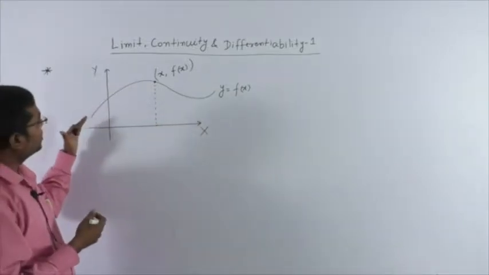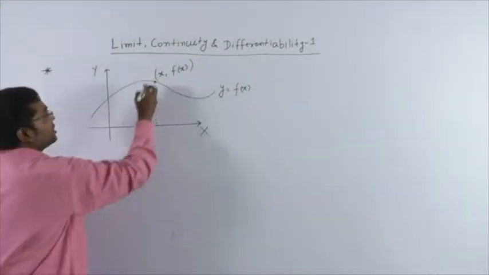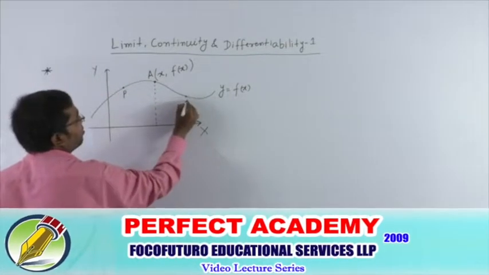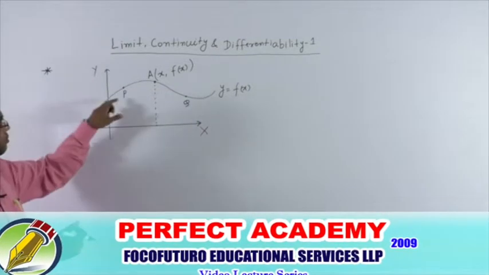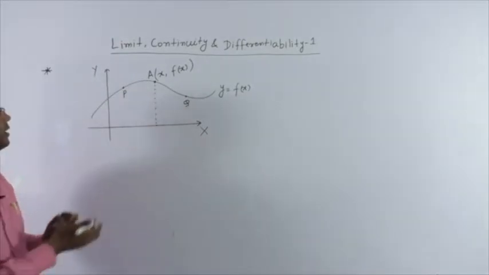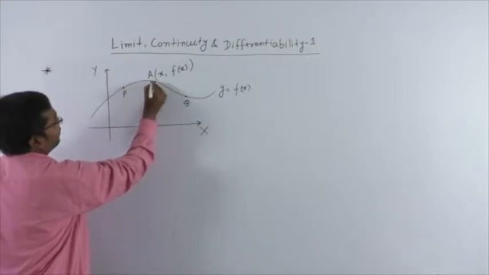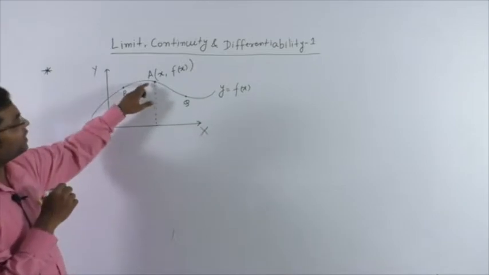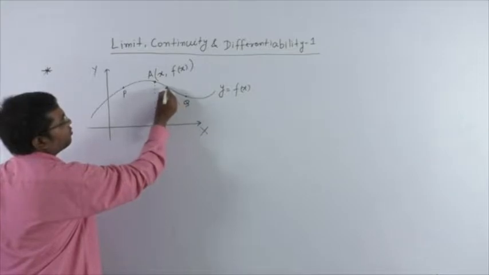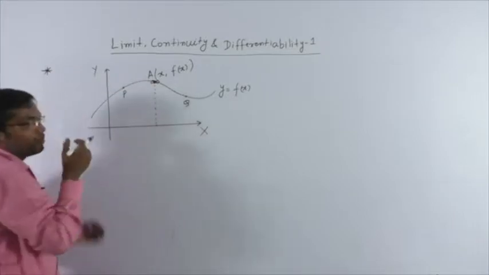Now see, suppose we are going along this curve to this point. We are approaching. Suppose this point is A. Here we have point P, and here we have point Q. Now point P is moving to A, and Q is also moving to A. It is moving along this path only, and we are very close to A. Let me draw a circle to represent the point.